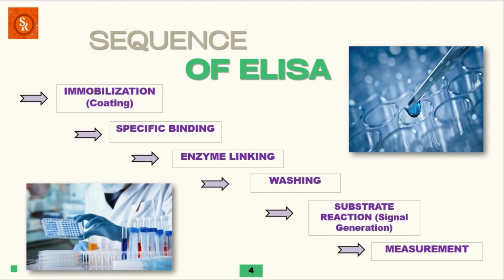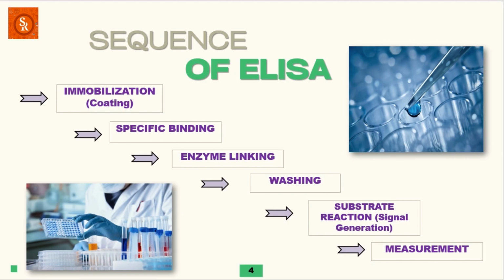So the whole process is, we can consider at the bottom we have antigen. Above it, antibody is linked to that antigen. With that antibody, enzyme is linked. So this complex forms. The remaining antigen, antibody and enzymes are spread in the microtiter plate.